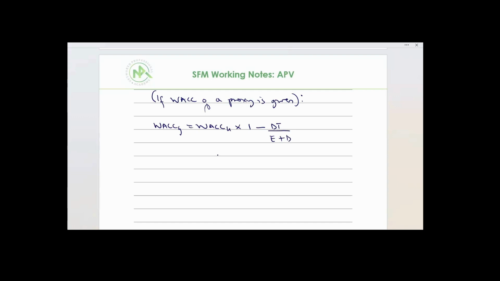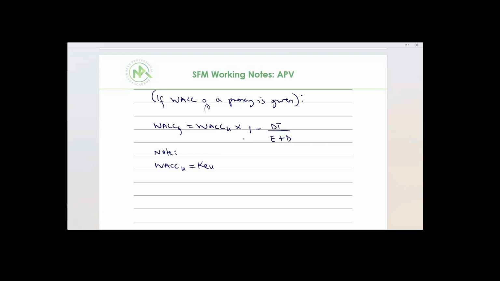So this is the formula you are supposed to use to calculate cost of equity on ungeared. Then note that the WACC of ungeared company is the same thing as cost of equity on ungeared.